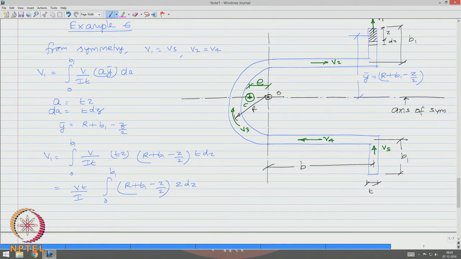Let us say I want to find V 2. So, I take a section at a distance x from here. I want to find now the second moment of area of this whole strip about this point.